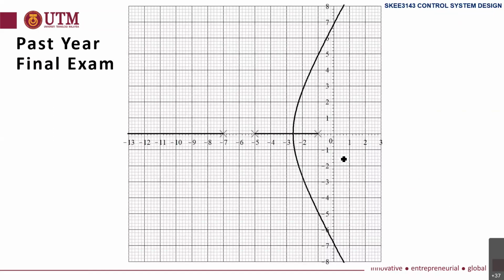The scale is not necessarily the same, 1 cm or 2 cm, it depends on the transfer function, because if it's large, then they have to review the scale.